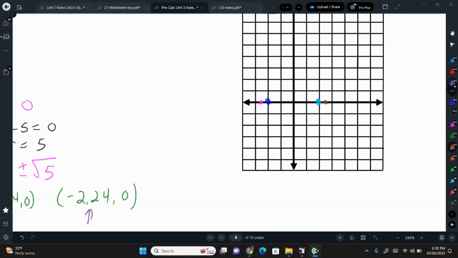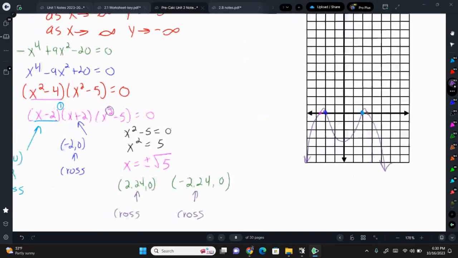And our end behavior, we said both ends are going down, so let's draw that. And we cross at all of these x-intercepts. So I'm going to come up, come down, turn, come up, and come down. So it looks like an M.